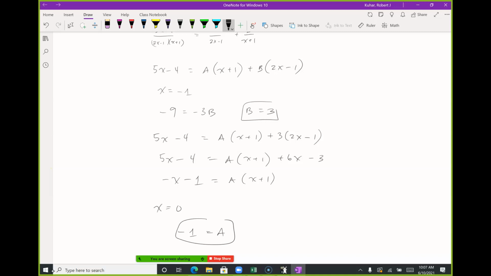I got A is -1 and B is 3. Anybody else? Nice.